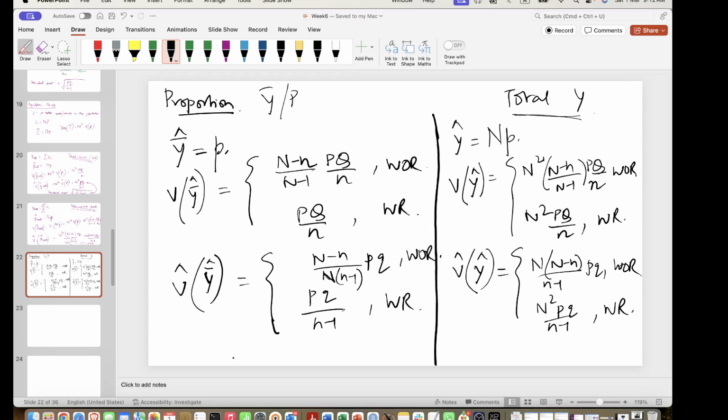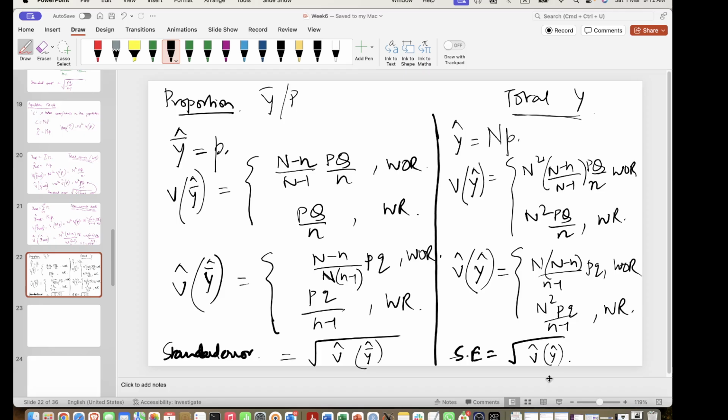And standard error would be root over V hat of y bar hat in this case, and root over V hat of y hat in this case.